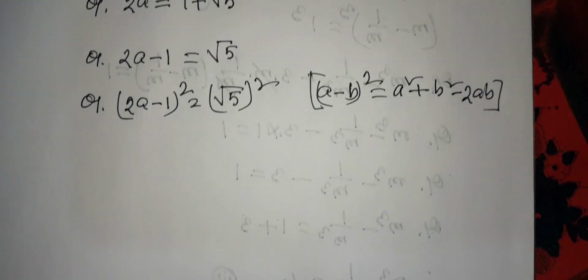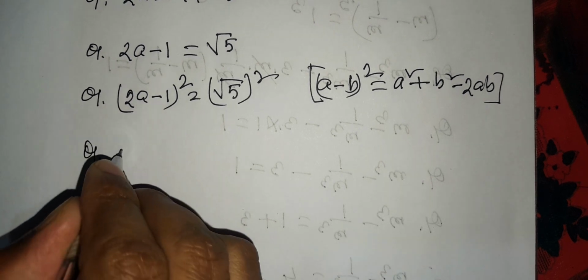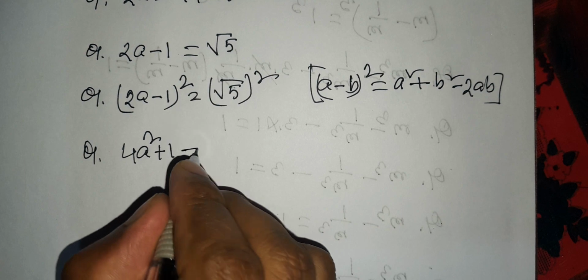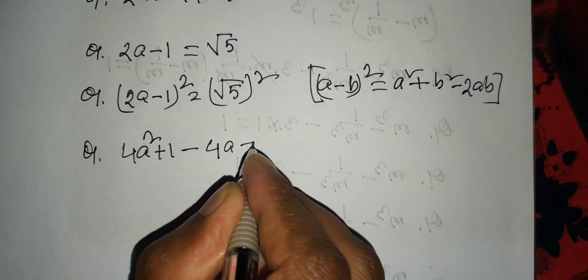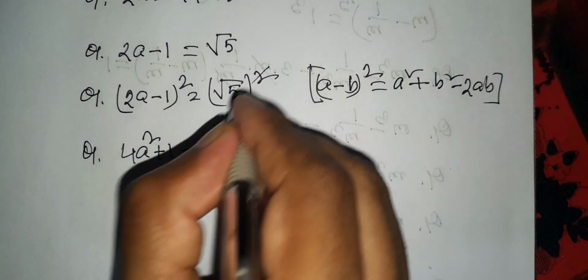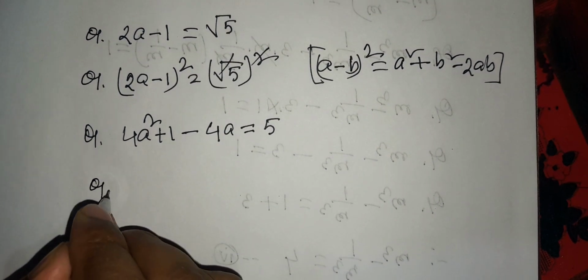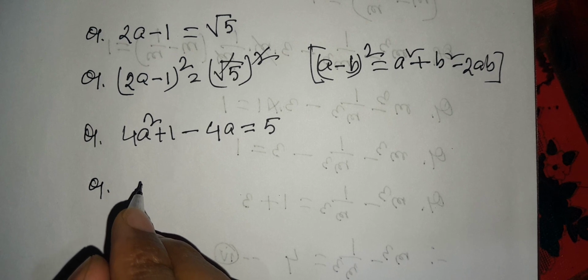Now we can write 4a square plus 1 minus 4a is equal to 5, since the square and root cancel.